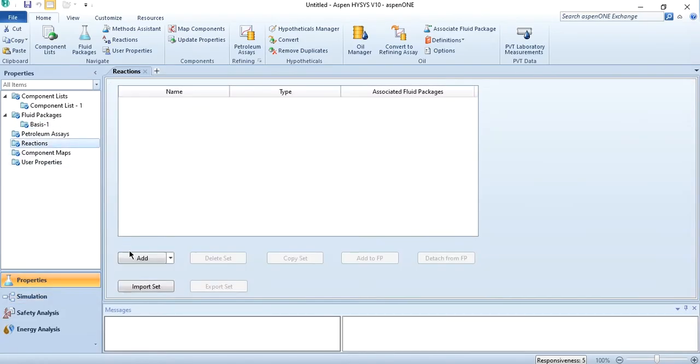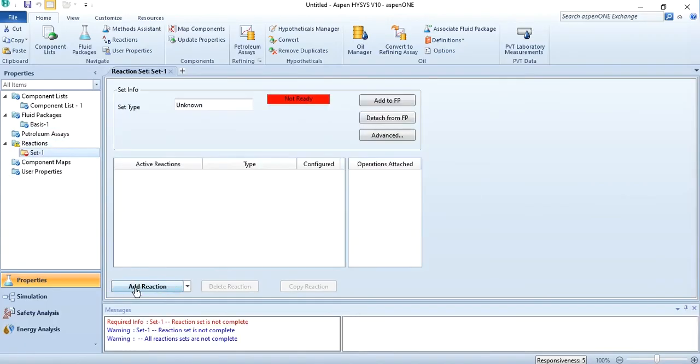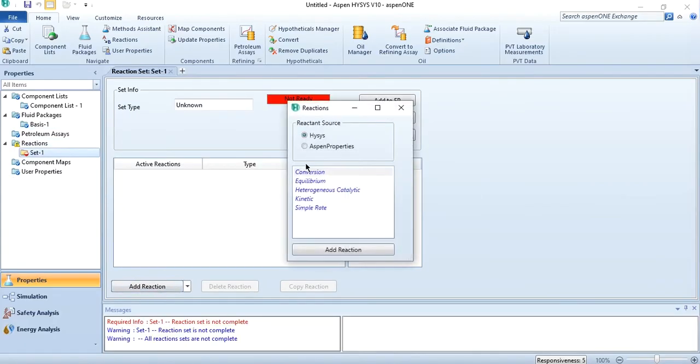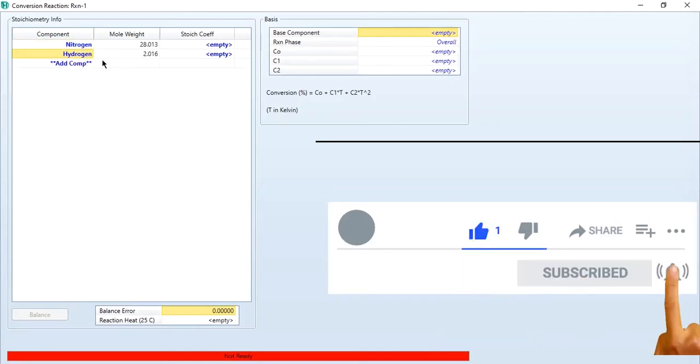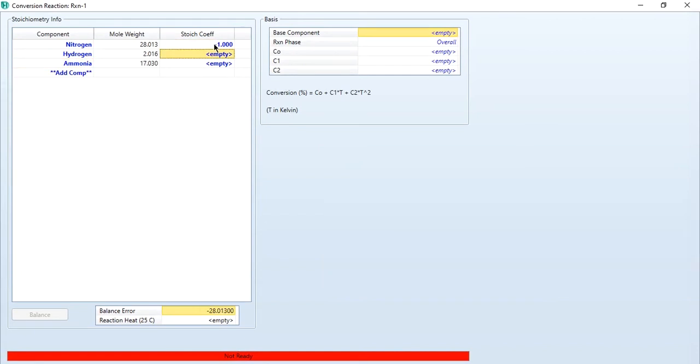So click reactions, and what type of reactor was involved? Conversion reactor. So we will add the conversion reaction: nitrogen, hydrogen, and ammonia. And we know -1, -3 for reactants, and positive for product, 2. You can see the balance error is 0.